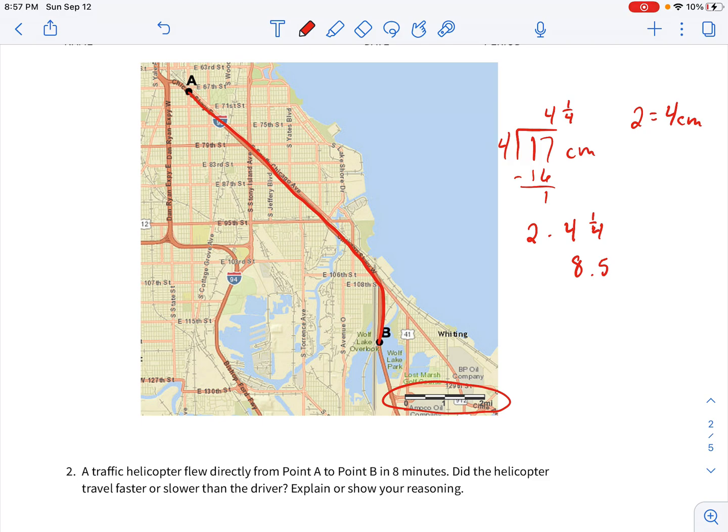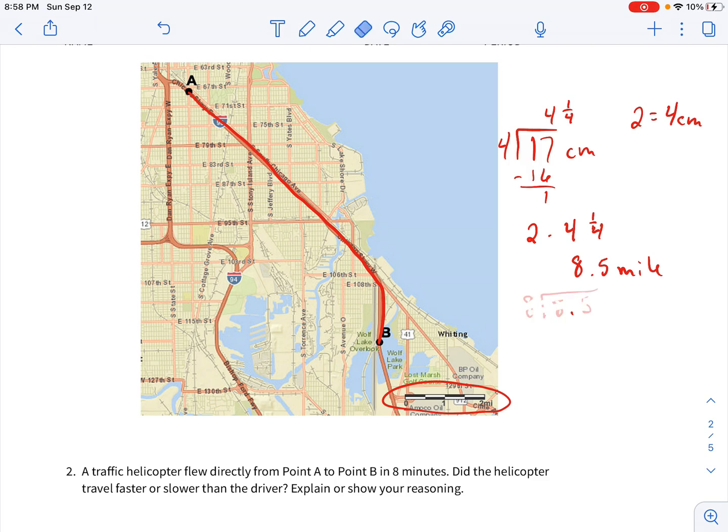Okay, so now that we know the miles, we also know the time. So to find the miles per hour she was averaging, we're going to take the miles and divide by our time. However, speed is in miles per hour, not miles per minute. So we're told that it takes 8 minutes for her to go 8.5 miles.